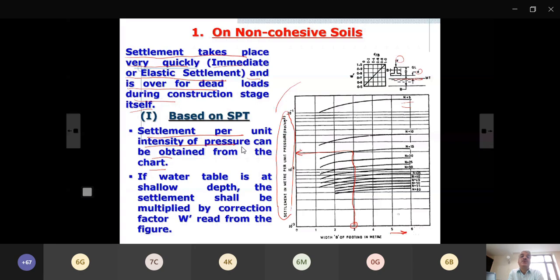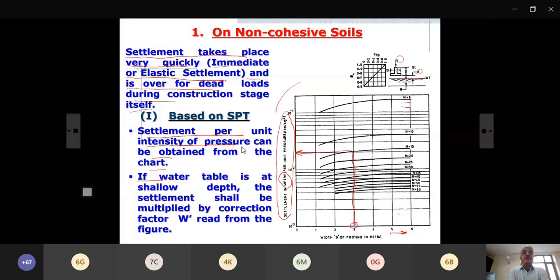So 0.001, 0.01. So yeah, this is 0.09 meters per kg per square centimeter pressure. So now whatever is your load intensity, you can calculate the settlement. This is one approach. Then over this settlement, you have to apply some correction factor.